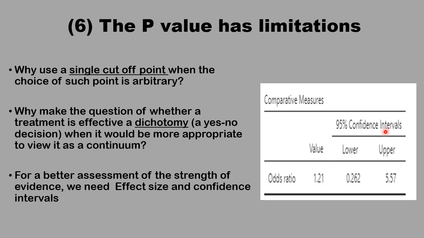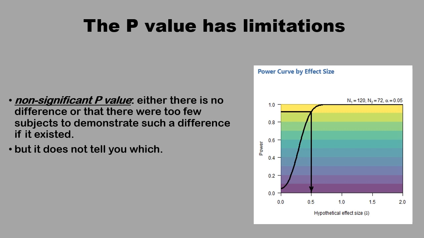The upper limit of the confidence interval is as high as this. So the effect size here and the confidence intervals give us a better view of the results of the study than just saying significant or not significant based on a p-value. So that's one limitation for presenting results in the form of a p-value.